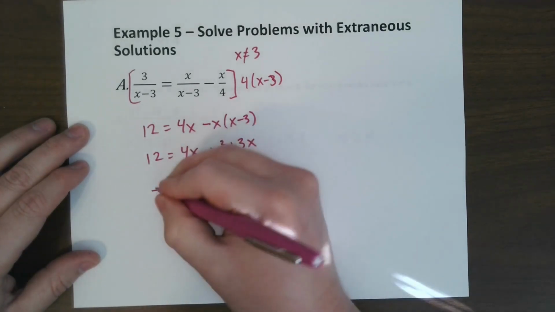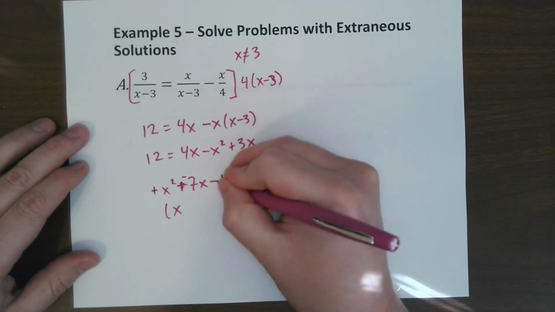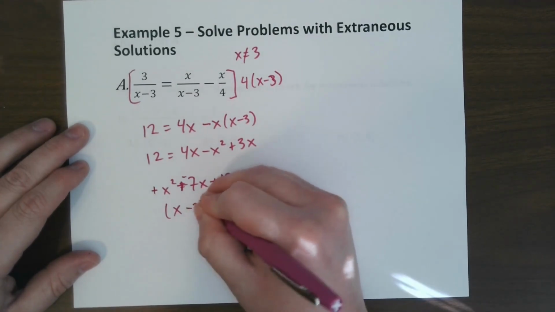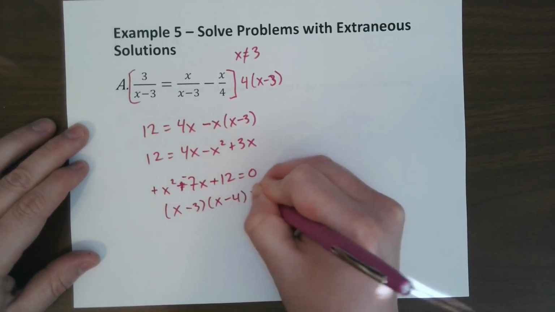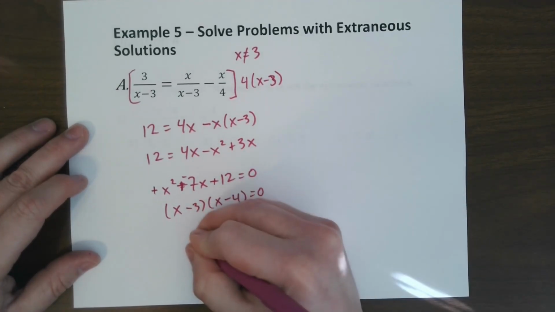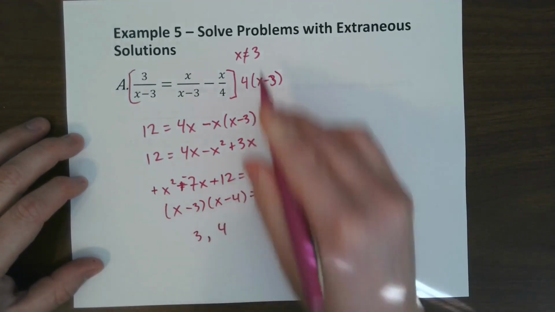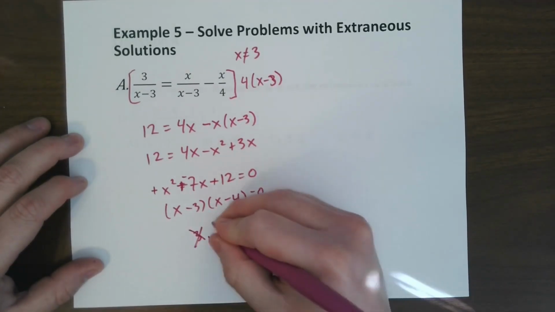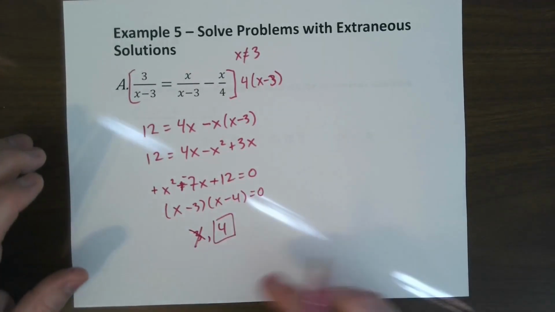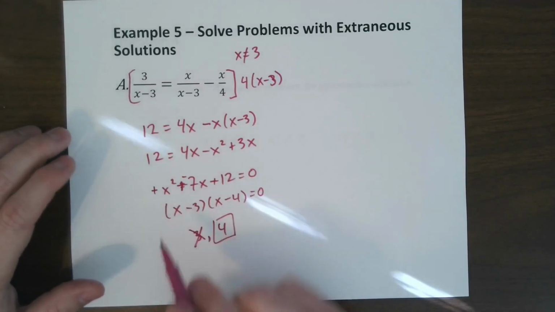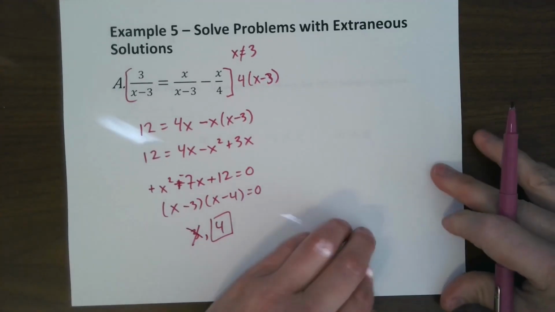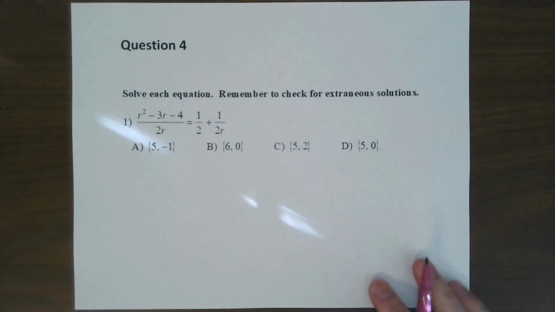Let's change all the signs. So this would be plus, minus, plus. So you get x minus 3, x minus 4 equals 0. So my answers are either 3 or 4, but 3 is not possible, so that one goes away. So your answer is just 4. So basically, if you get this number, it's not one of the solutions. Go ahead and try this problem.